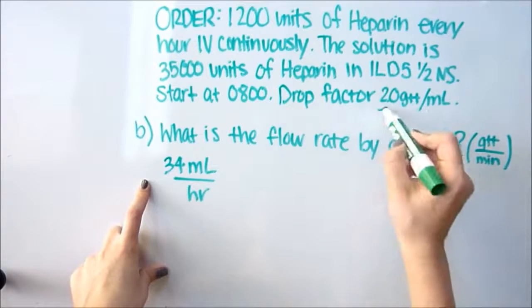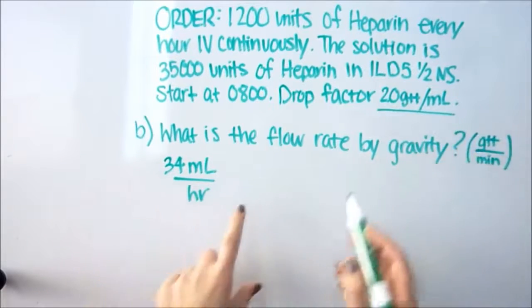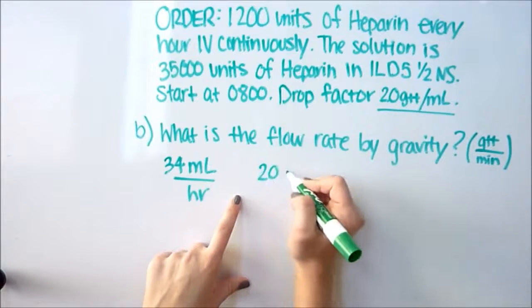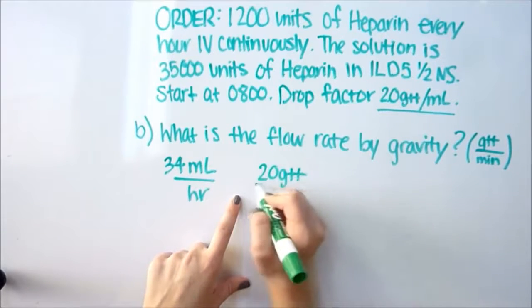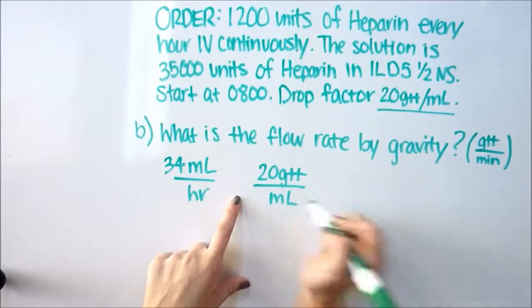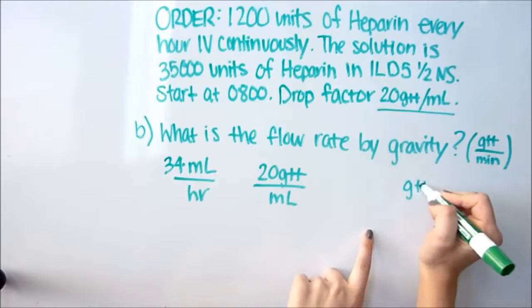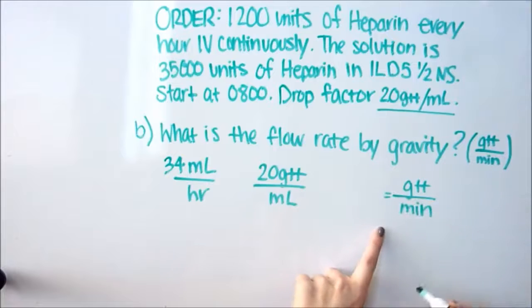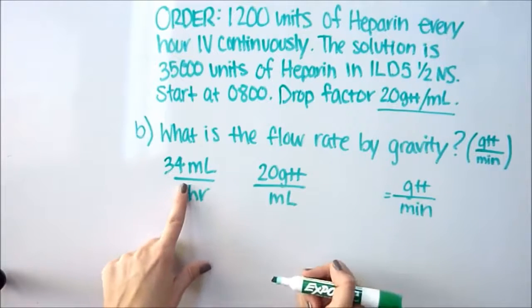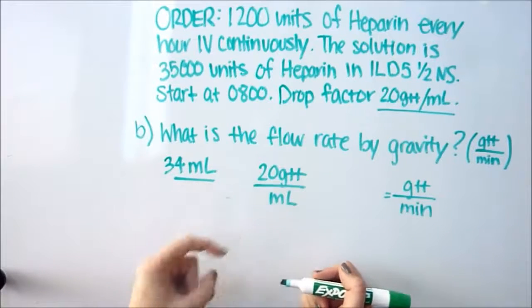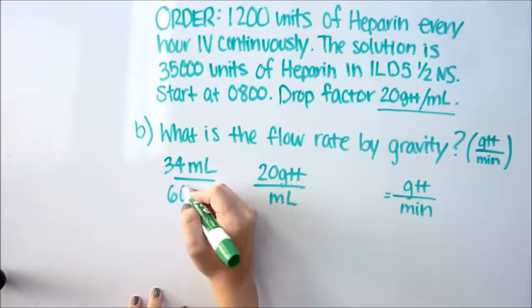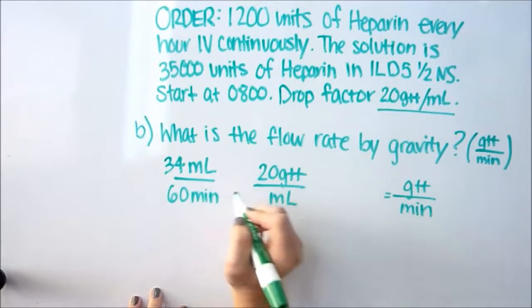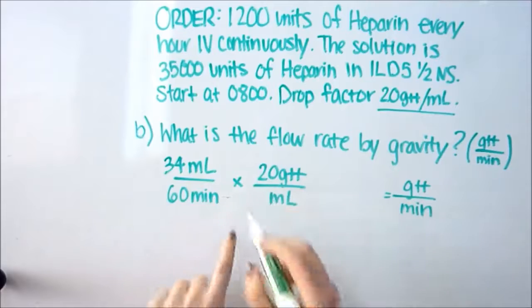And we're going to have to use our calibration, which is 20 drops per mL, right? Because we need drops per minute on the other side. So we're going to switch the hours to minutes, 60 minutes in an hour, right? And we're going to multiply this.